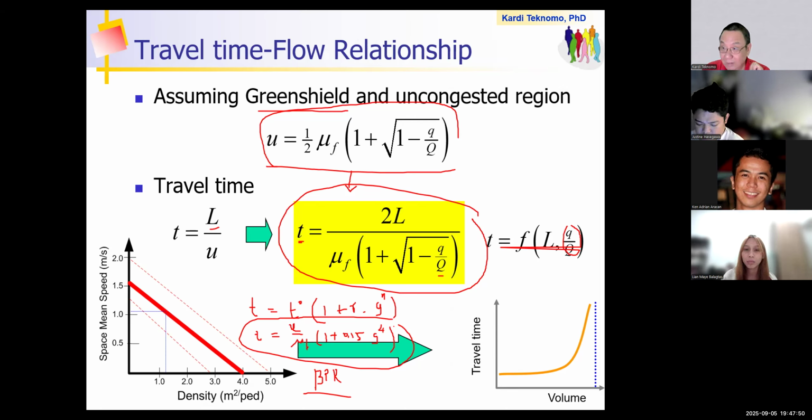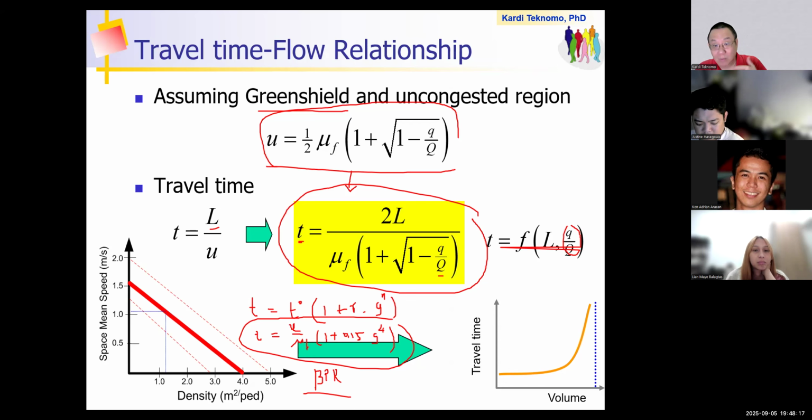Travel time means the cost, right? So you connect the cost and congestion. Any question?